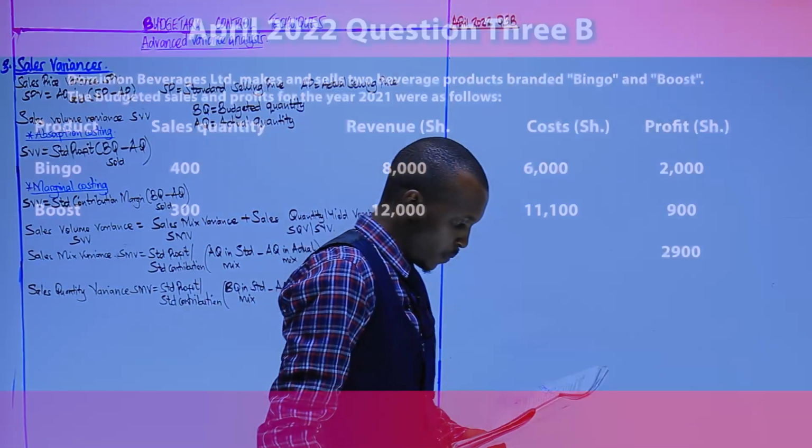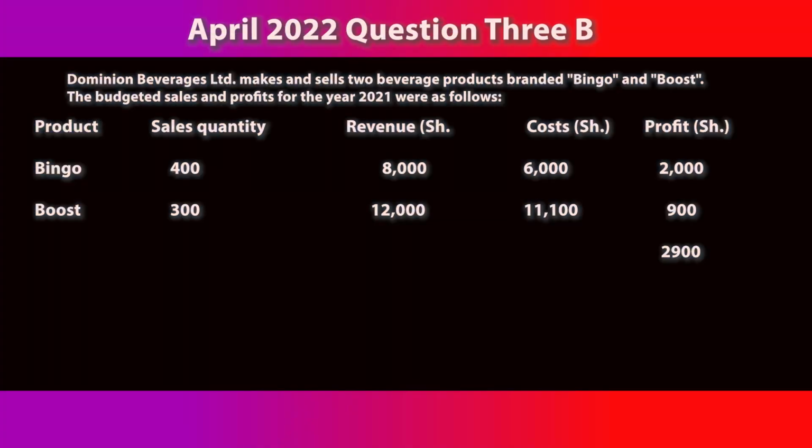The question says, Dominion Beverages Limited makes and sells two beverage products branded Bingo and Boost. The budgeted sales profits for the year 2021 are as follows. You have your product, your sales in units, and your revenue, your cost, and your profit.